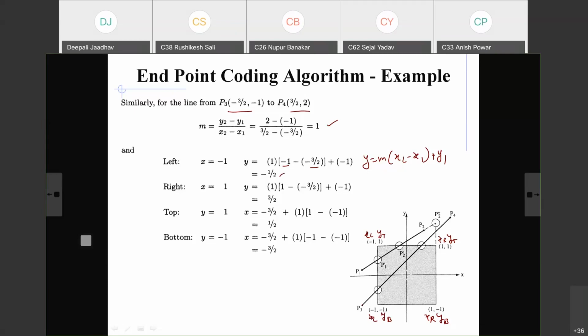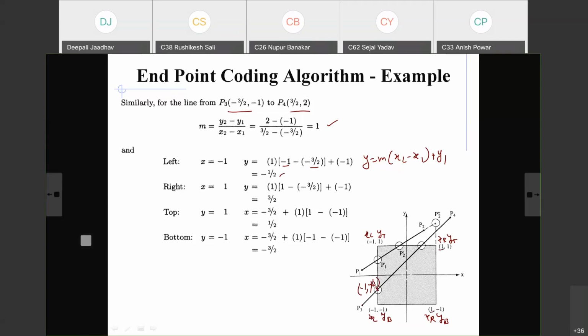So on the left-hand side, this intersection we get, on the left side. What is it? Minus 1 by 2. Okay. Now for the right-hand side. On the right-hand side, xr is equal to 1.